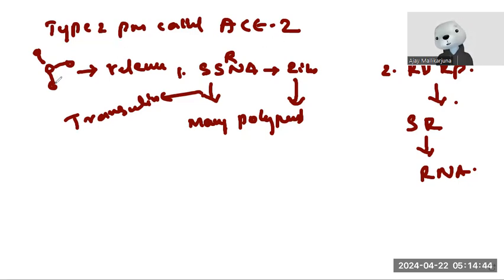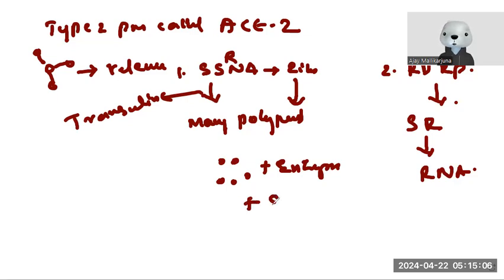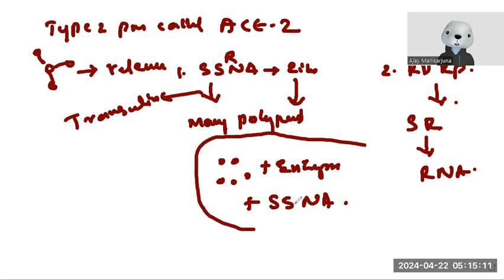This virus releases two types of enzymes: single stranded RNA, and another one is RNA dependent RNA polymerase. So all these polyproteins plus enzymes plus single stranded RNA are bunched together.